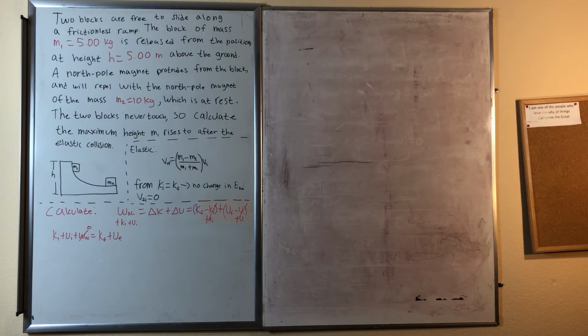Now expanding out the equation to get 1/2 m1 times v1 initial squared plus m times g times h initial equals 1/2 m1 times v final squared plus m times g times h final. Somehow I completely flipped the initial and final values here and did not double check this part, so bear with me.